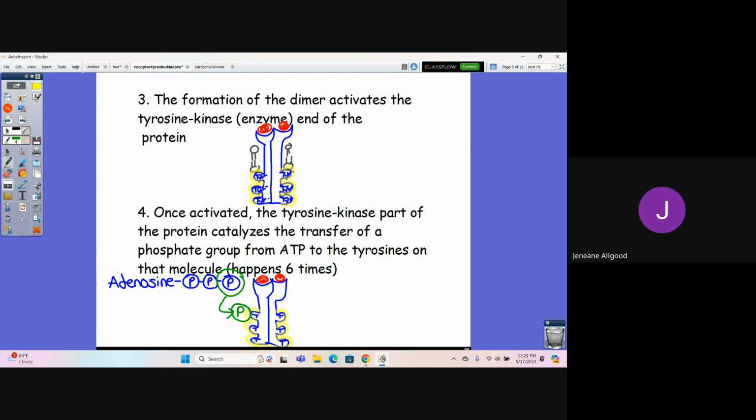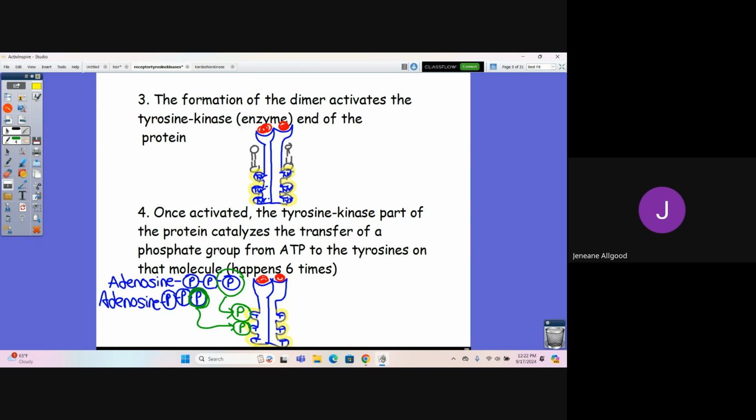If I showed this 5 more times, I'm not saying you have to, I'm just saying if you need that visual, this kinase enzyme takes that phosphate and it's gonna add it to each tyrosine.